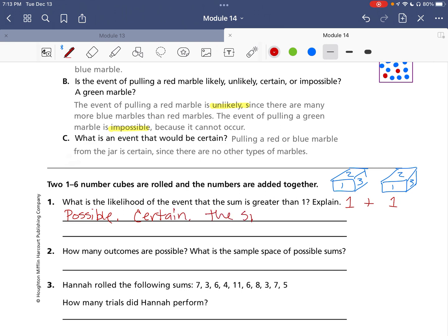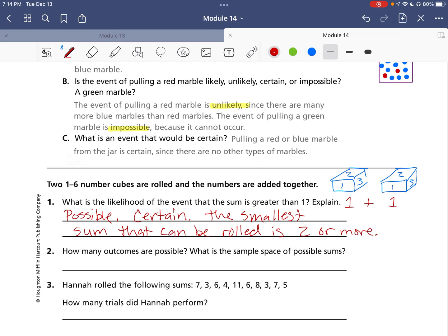And then we can say the smallest sum that can be rolled is 2, because we would have 1 plus 1 is 2, or more.